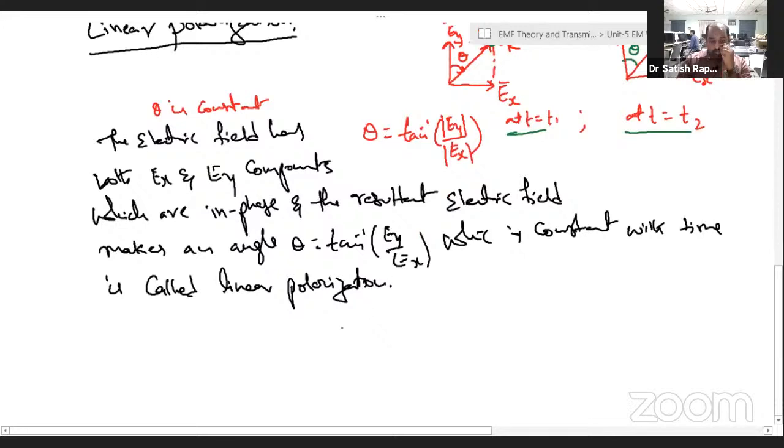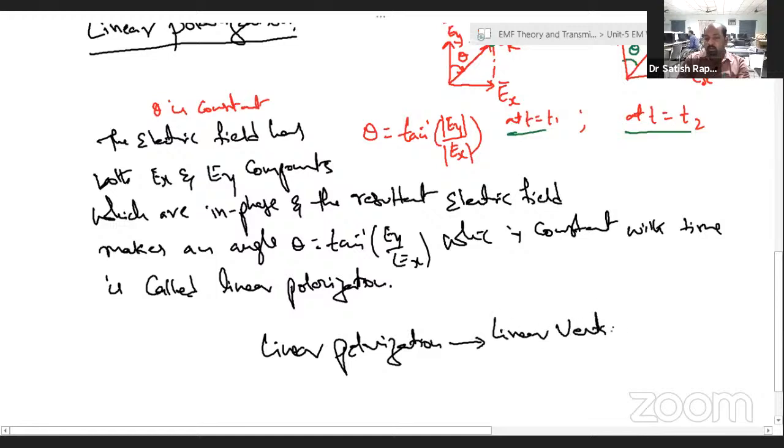And linear polarization again is of two types. One is linear vertical polarization and the other is linear horizontal polarization, right?